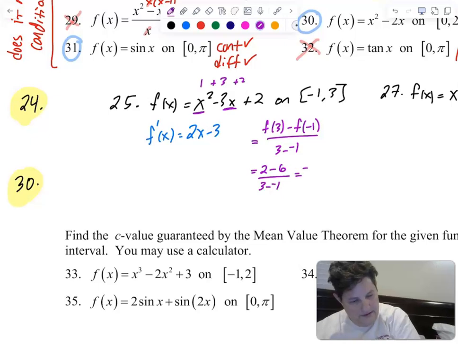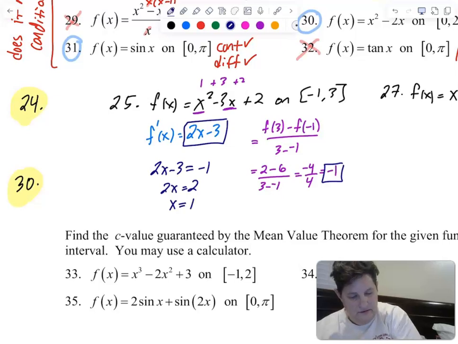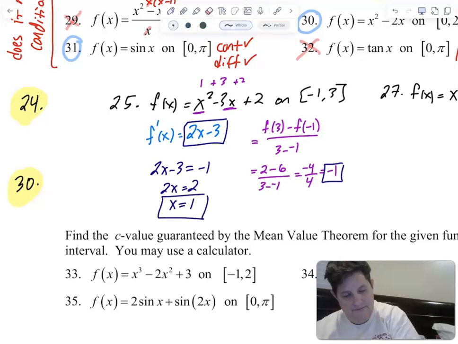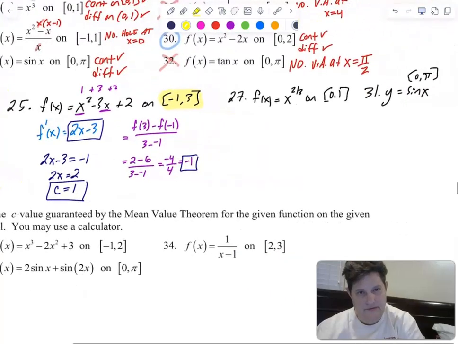So that's -4 over 4, which is -1. So check it out, guys, we've got a slope. When we set them equal to each other, solve, add the 5, divide by 2, x equals 1. Or if you remember correctly, we're supposed to call it c. And is that in my interval? It is between -1 and 3. So all you're doing is the derivative.